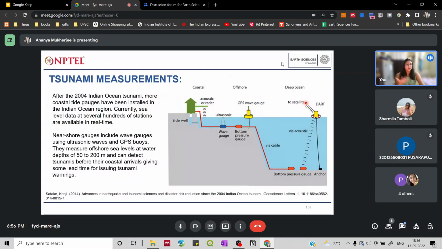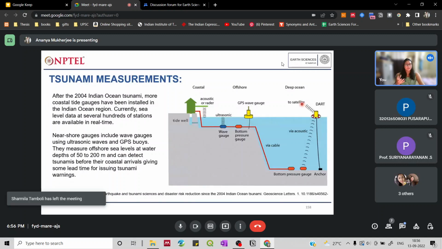Now we'll try to understand how different quantities, or different aspects of tsunami, can be measured. So these tubular kind of structures that you see are gauges.